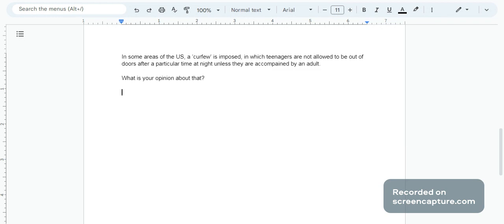You can write a topic which is in agreement with the statement that a curfew is imposed in which teenagers are not allowed to be out of doors after a particular time.